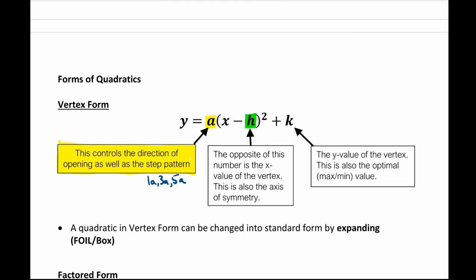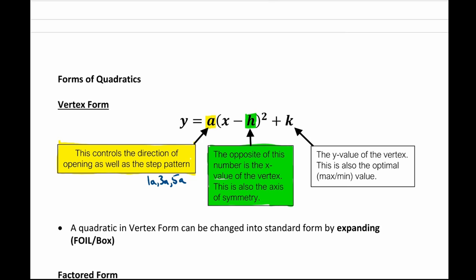H tells us the x value of the vertex, but specifically it's the opposite of the number that we see, only because the general equation already has minus. So if we subtract a positive, our equation should say minus.